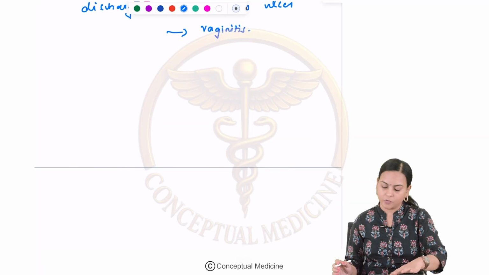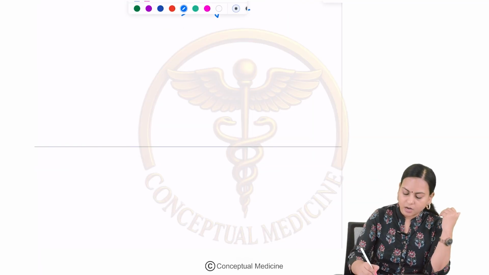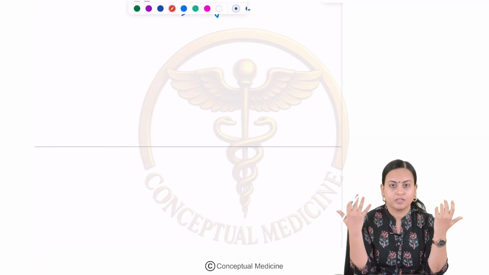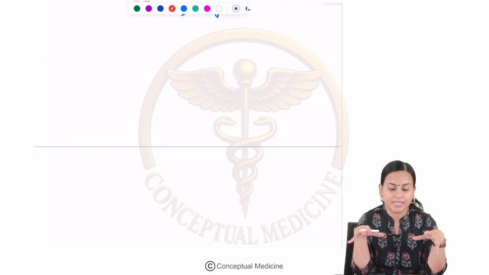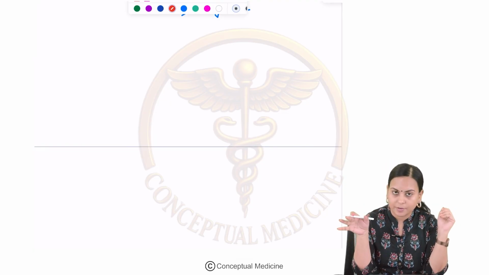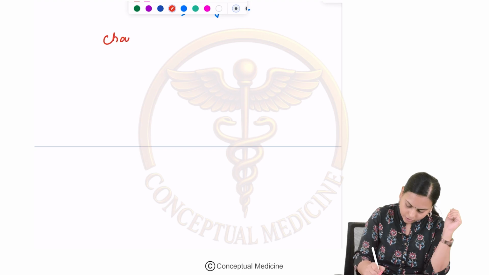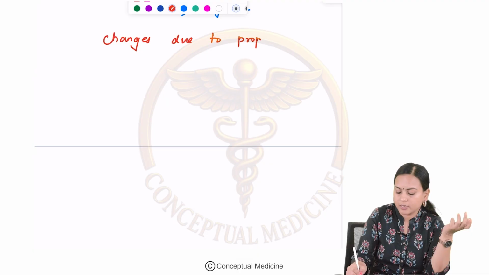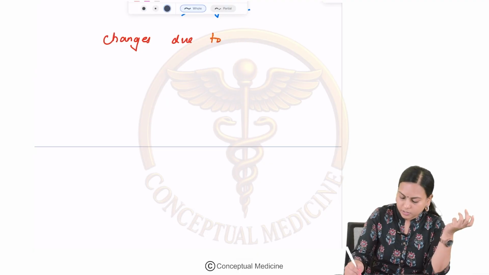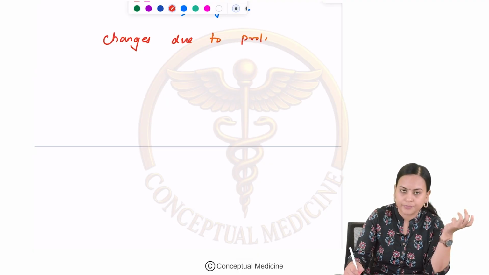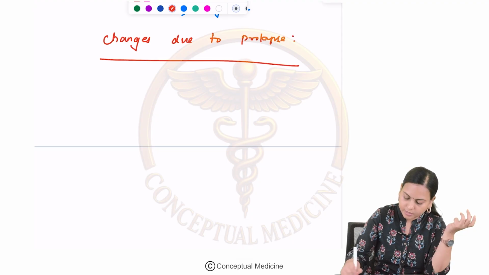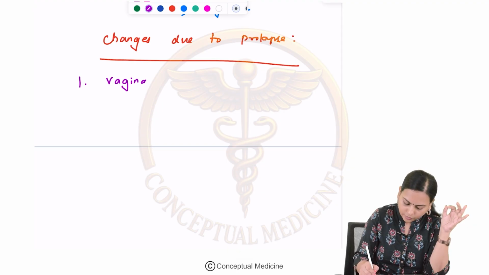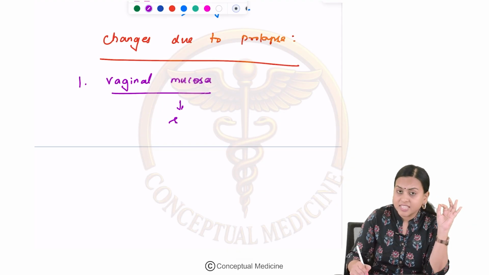Right. Now let's see what are the changes that will be taking place when a woman has prolapse, especially in her internal genital organs. So the first point is that her vaginal mucosa becomes stretched.